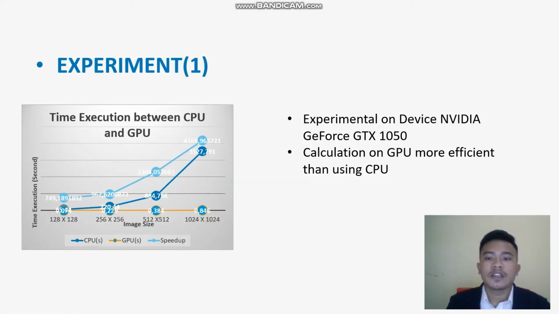The first experiment we do on a GeForce GTX 1050. The calculation on GPU is more efficient than using CPU. The orange line shows the execution time using GPU, and the dark blue line the execution time using CPU, and the speedup, meaning how many times faster the GPU is than the CPU, is shown in the blue line.